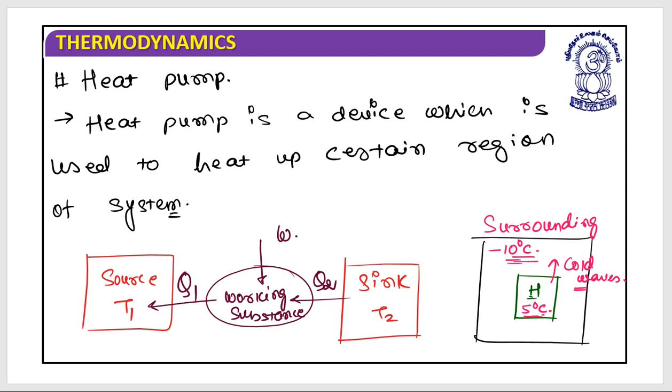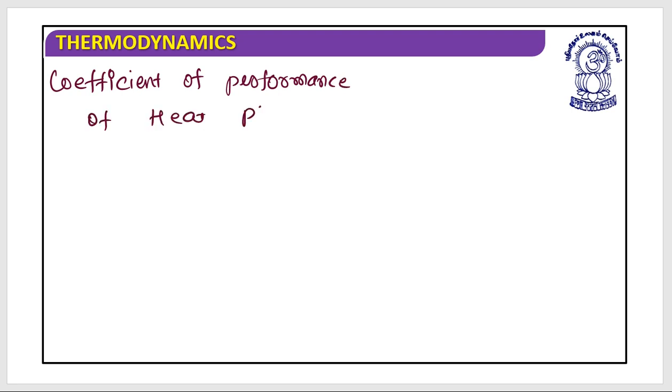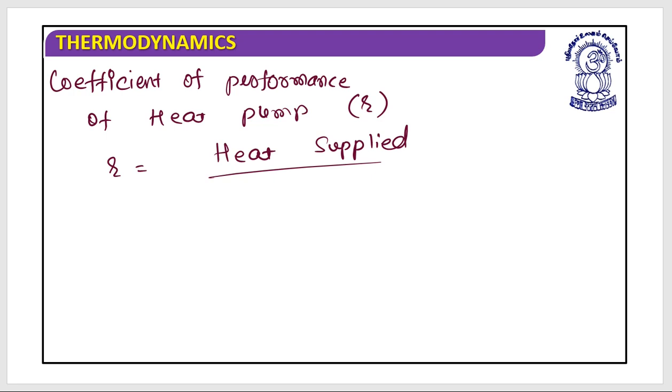So when I say coefficient of performance of heat pump, let me denote it by small r, then it is the ratio of the heat supplied to the total work done that we have performed on the system.